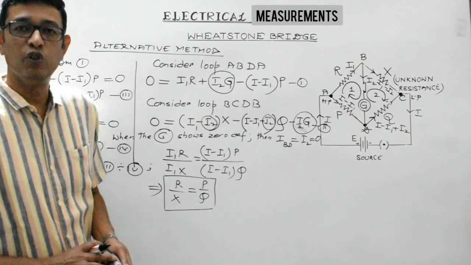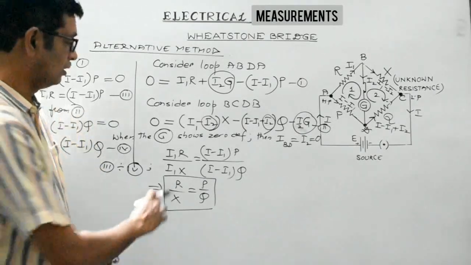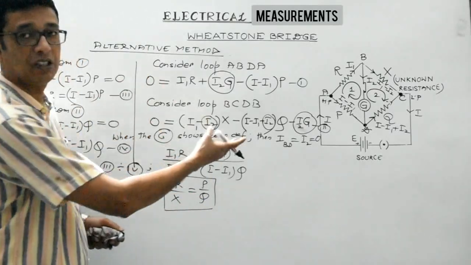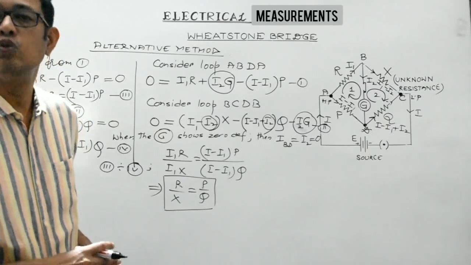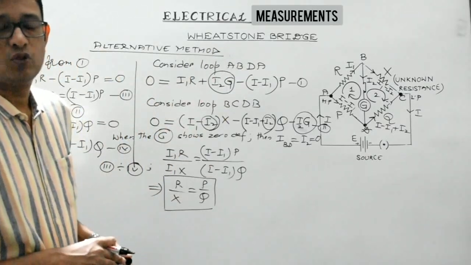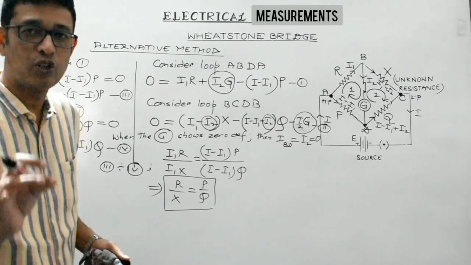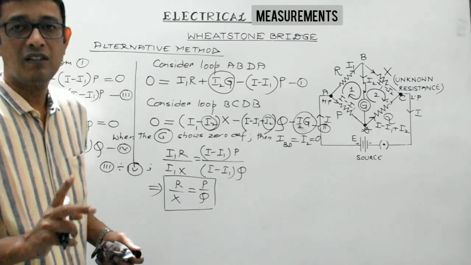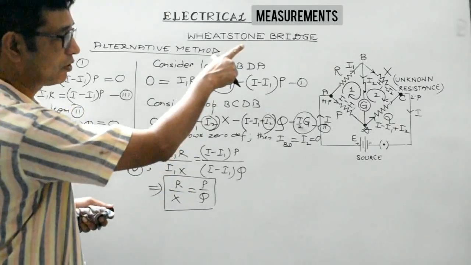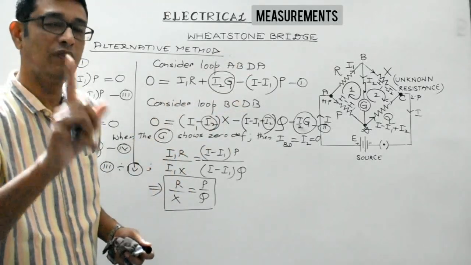So students, it's your wish either to derive this condition by the previous method or by this method using Kirchhoff's rules, both the junction rule as well as the loop rule. So again I repeat, a bridge is said to be balanced only when no current flows through the galvanometer, or the galvanometer which is connected between the terminals B and A shows zero deflection.